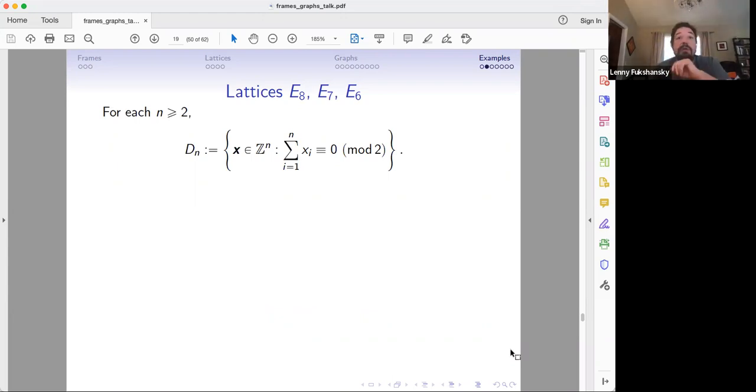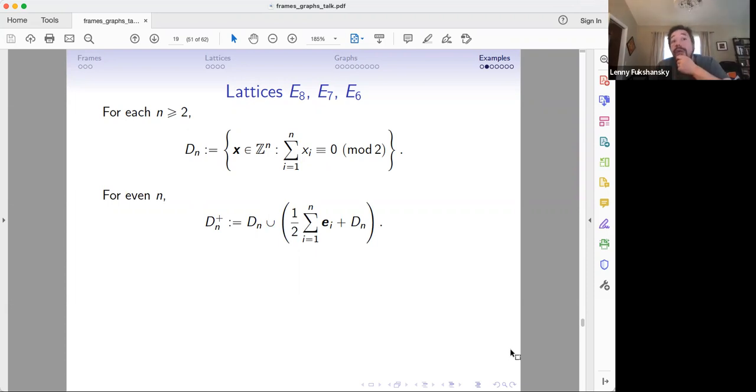First of all, the An and Dn lattices correspond to root systems. Dn is a sublattice of Z^n. This one is a full rank sublattice of Z^n, and it consists of all vectors whose coordinates sum to an even number, congruent to 0 mod 2.